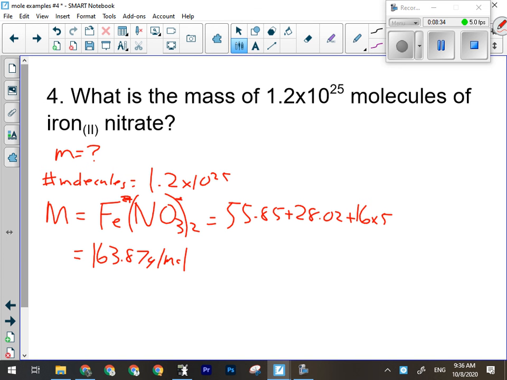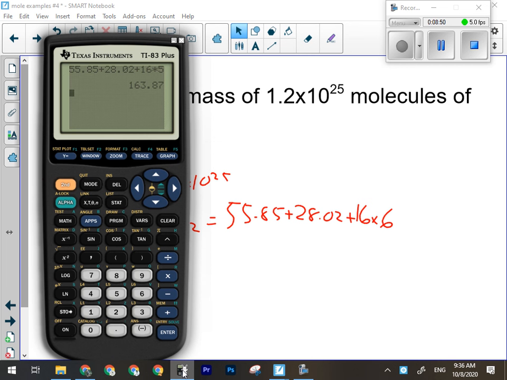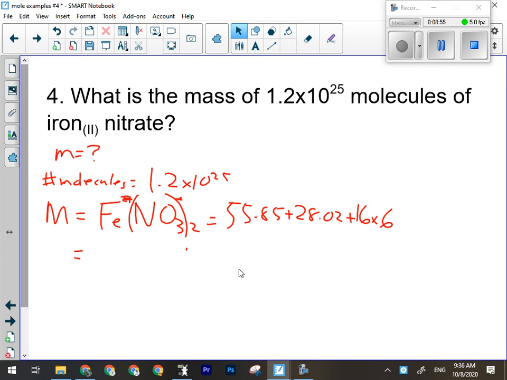Okay, so now we know the molar mass, right? We do. Yep, we absolutely do. Good eye. 6 oxygens, not 5. 179.87. Okay.